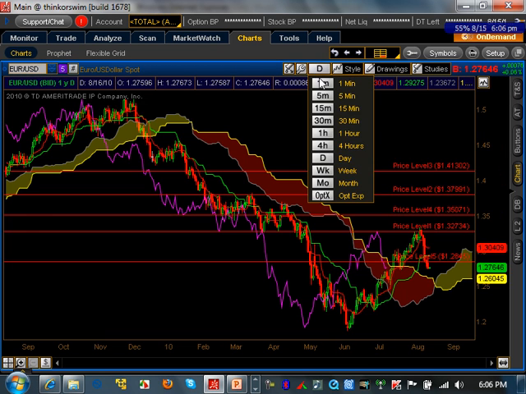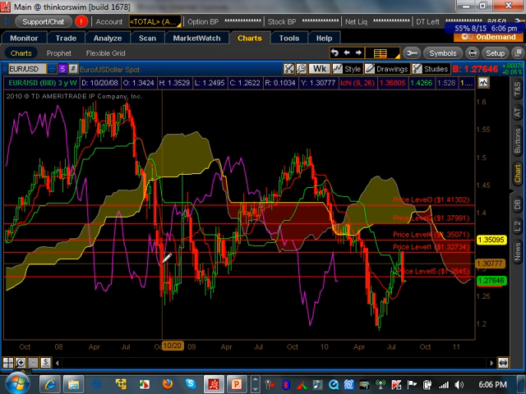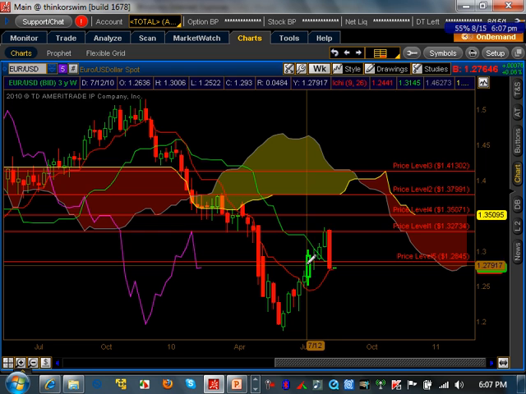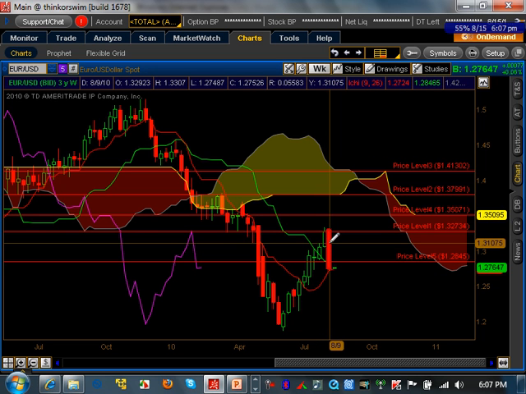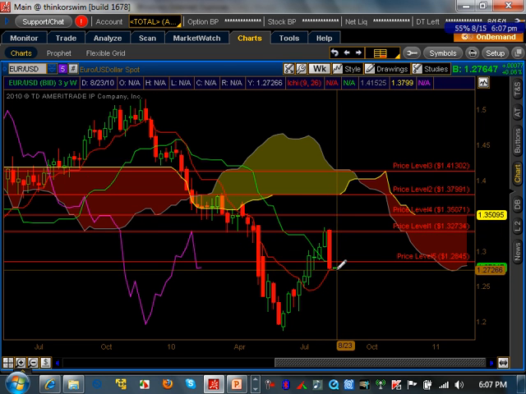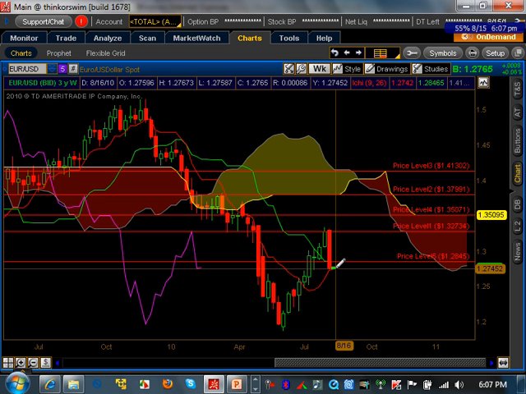Let's go to our weekly time frame, because that's pretty much where we start. If you noticed, we said we were in a pullback mode. Be careful, because we were at a major resistance level last video. Exactly what happened: we got to that resistance level, we bounced off it, and we pretty much are at the Tenkan-sen right now.